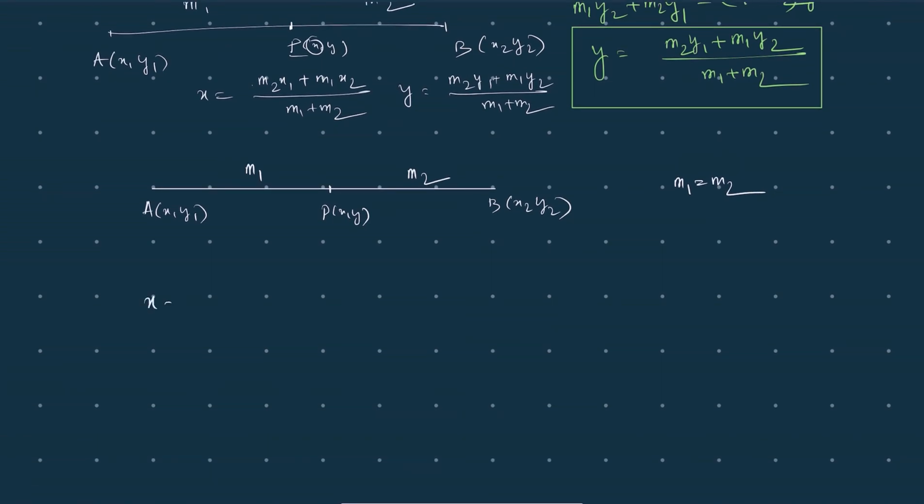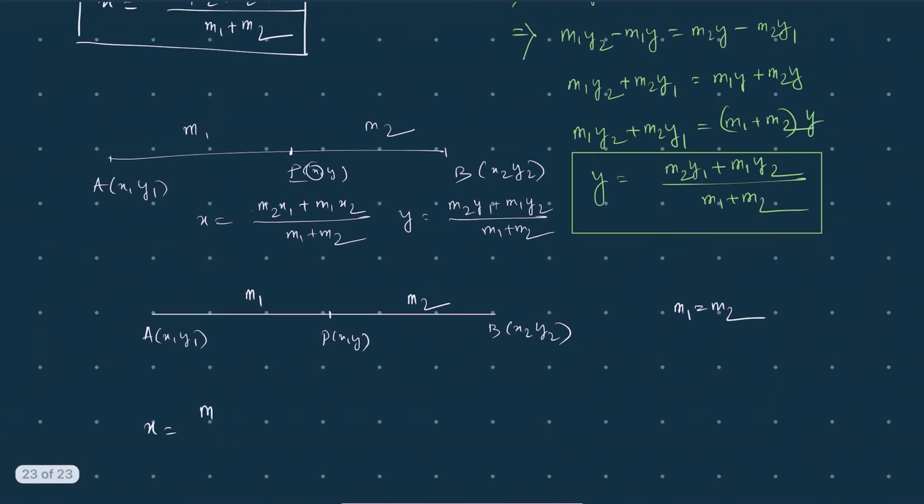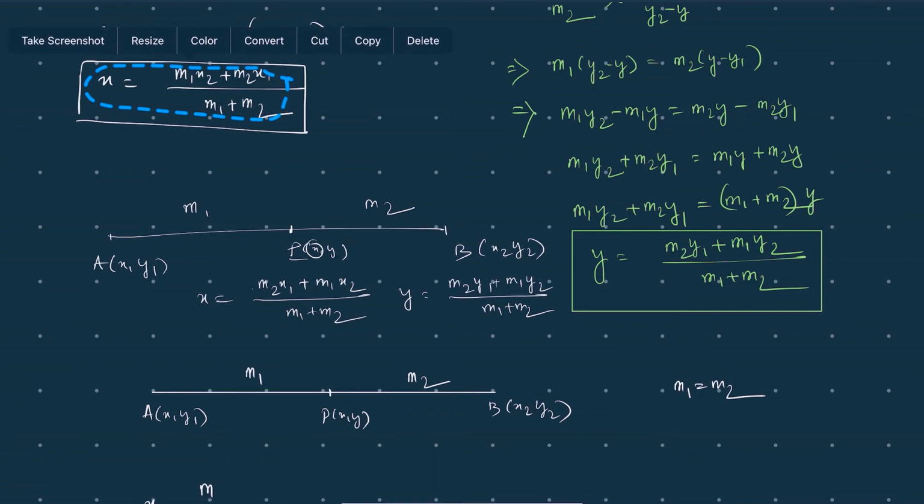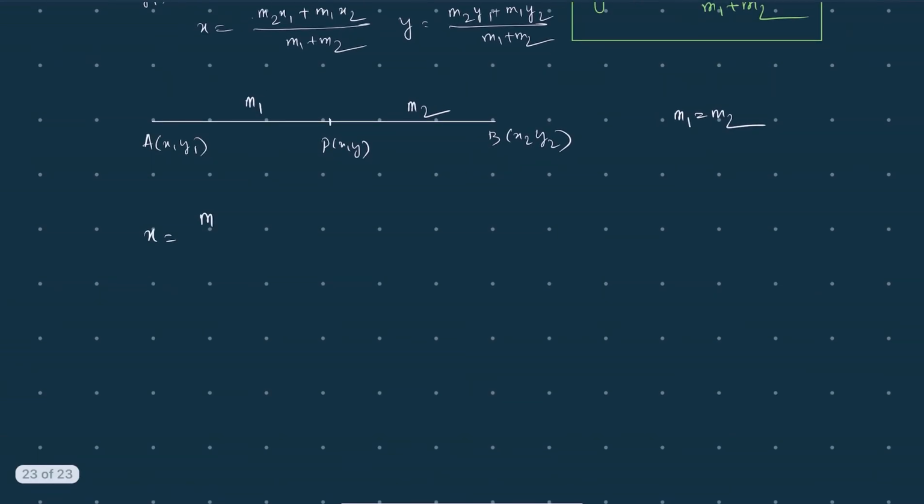What is x? X is nothing but what you have studied. X is nothing but this formula. You can see x is equal to this formula. Here m1 is equal to m2, right? So we are going to replace this m1 by m2 or m2 by m1.